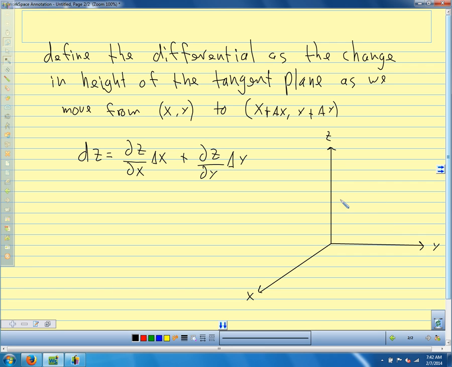So here's my surface. There's my surface, and I'm going to draw in my tangent plane here. I'll draw my tangent plane in a dotted red. So my tangent plane at this point, that's my tangent plane at x, y.